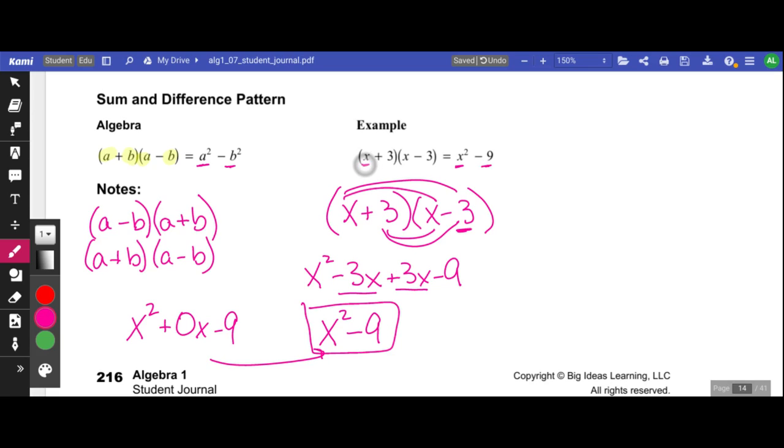When you square x, you get x squared. When you square 3, you get 9. The thing to remember here is you're always subtracting. It's always x squared minus 9 or 4x squared minus 16 or whatever. If you ever end up with x squared plus another number, you made a mistake.